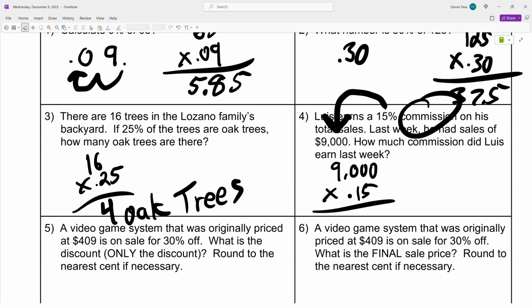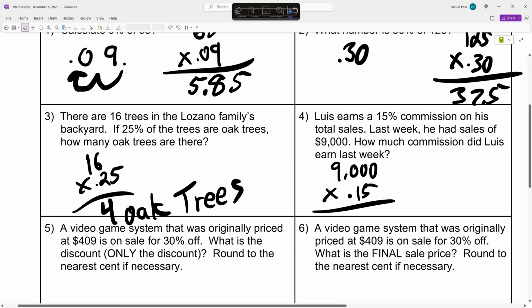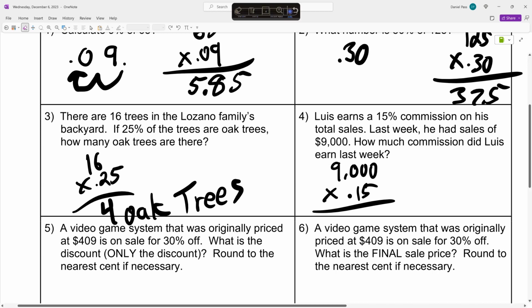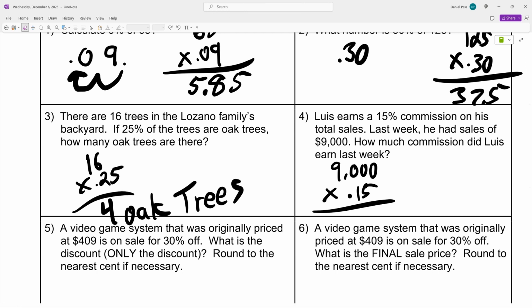So when somebody sells a house, for instance, they might make a certain percent commission. That person gets paid that much. But all you need to know is you're finding the percent. So if I sell a car for that much, and then I make that much commission at wherever I work, then they would find out the percentage.